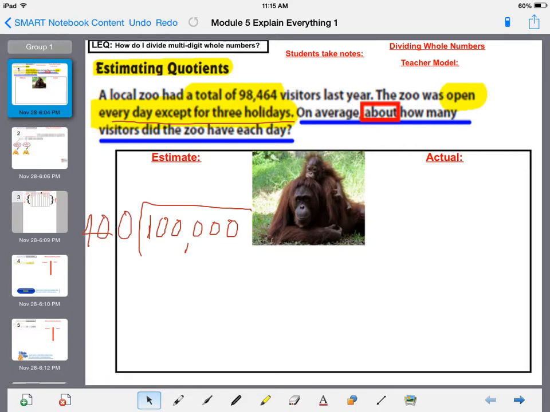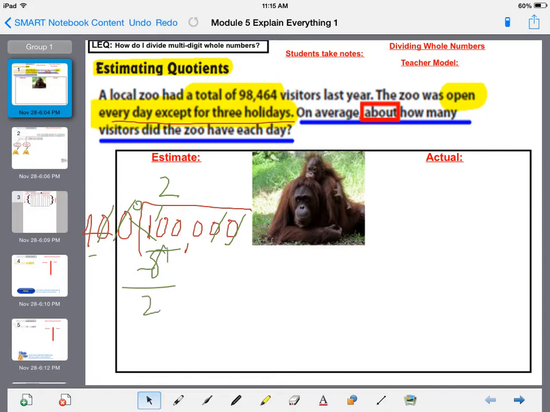Now, a trick with dividing that we talked about in class is we can cancel out zeros if we have an equal number of zeros in the dividend and the divisor. So this 0 in the dividend can cancel out with that 0 in the divisor, and this one can cancel out with that one as well. Now we're left with 4 goes into 10. 4 goes into 10 2 times, and we take 8 from 10, which leaves us with 2.